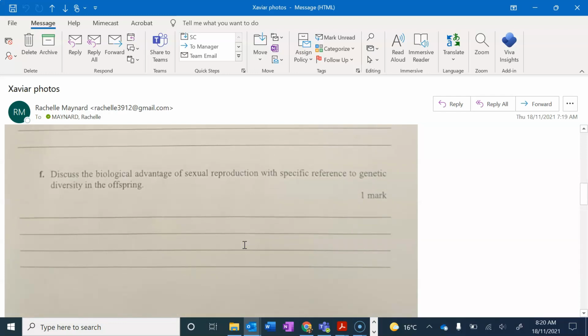Which then would roll on to this one if you did random fertilization, because you've now got: discuss the biological advantage of sexual reproduction with specific reference to genetic diversity. Because of crossing over, random orientation, and random fertilization, you have 3 key points of ensuring genetic variation. If you have an organism that reproduces asexually, they are a complete clone of the parent.